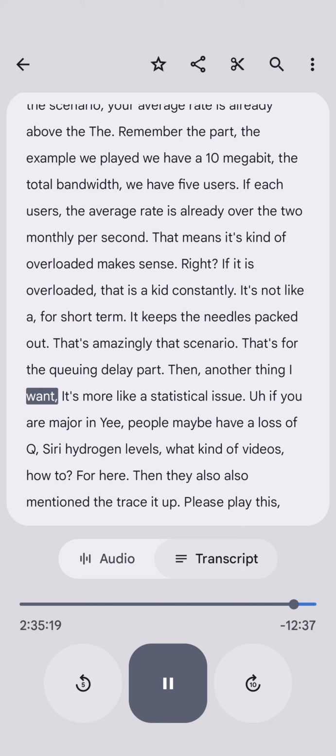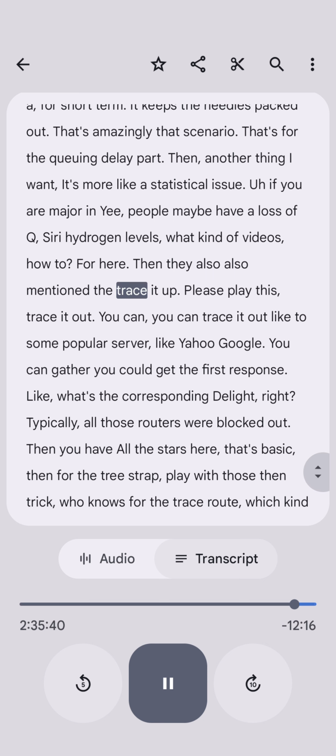Another thing I want to mention is more like a statistical issue. If you are in EE, typically we have lots of queuing theory handling what kind of queues and how to handle those delays. For here, no. Then they also mention traceroute.